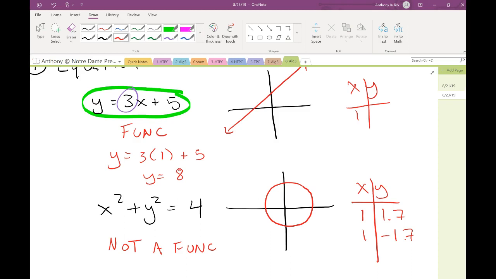So even if you don't remember what the shapes of these graphs are, you can just try plugging in the x's and seeing if, when you find the y, you get more than one answer, which is also perfectly reasonable. It's a little bit more algebraic approach rather than a geometric or graphical approach, but it's equally as valid.